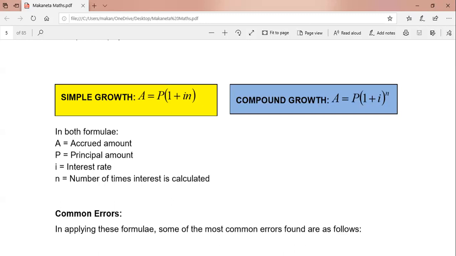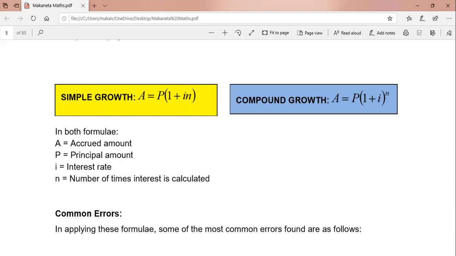For instance, you have A, you have P, you have I, you also have N in both instances. So the terminology is very important, where A stands for the accrued amount and P stands for the principal amount, whereas I stands for the interest rate. And N can stand for the number of times interest is calculated.